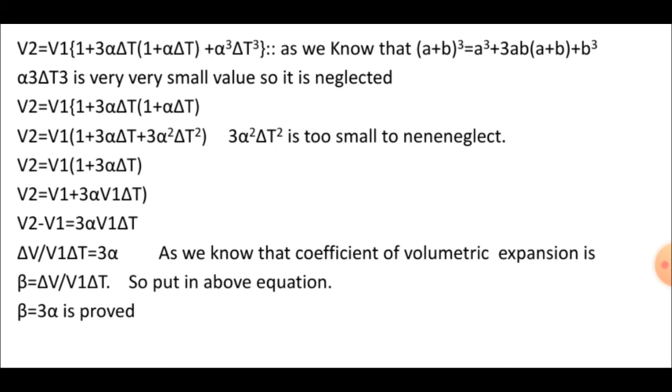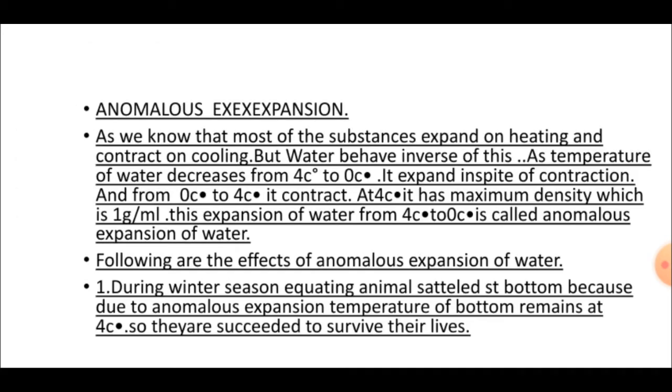As we know that beta is equal to delta V upon V1 delta T, which we have proved before, so beta is equal to 3 alpha is proved.